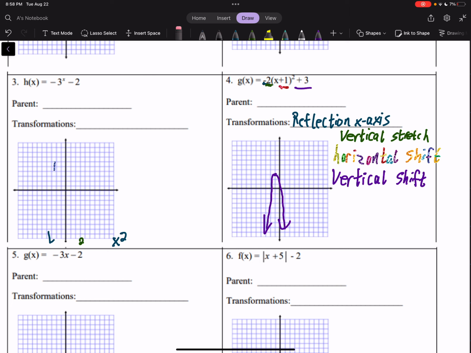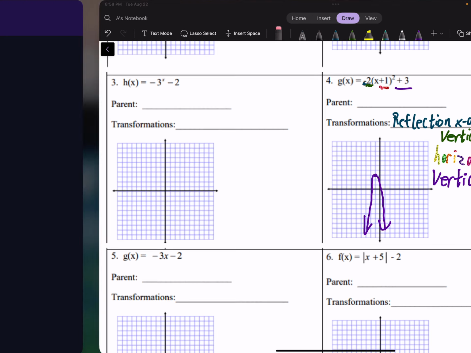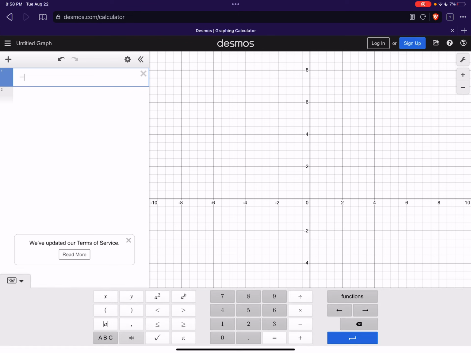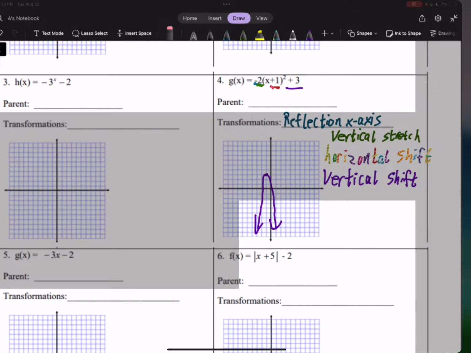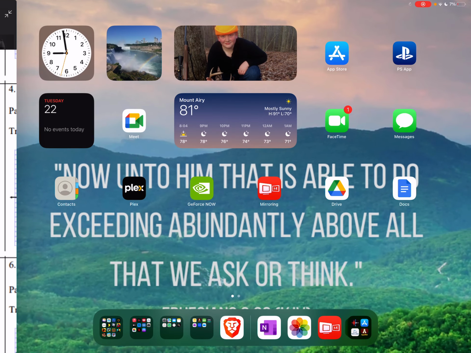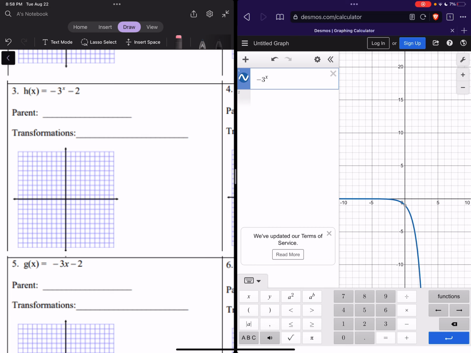I'm going to do number 3 in Desmos. All you have to do is type it in. Negative 3 to the x power minus 2.